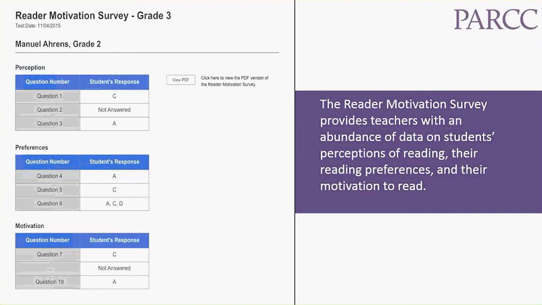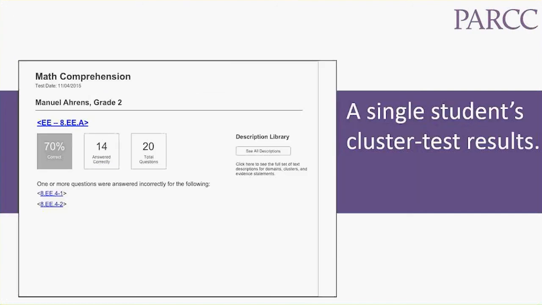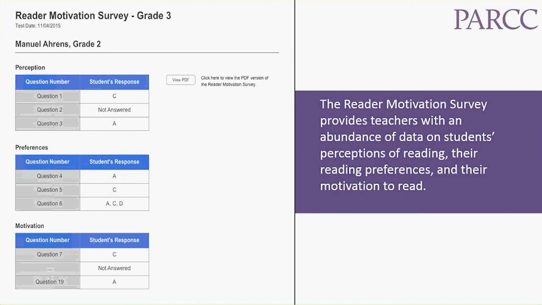And then, of course, the Reader Motivation Survey provides data back with each of the students' responses. The teacher can see the survey, can see what the responses are. The responses are really broken into three key areas: students' perceptions about reading, their preferences around reading, and then their motivation around reading. So very good information for the teacher in that reader task piece.